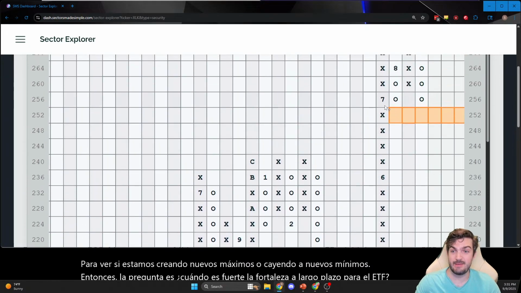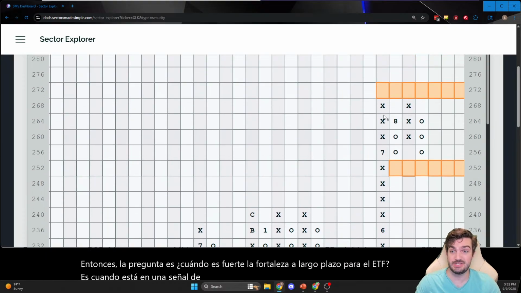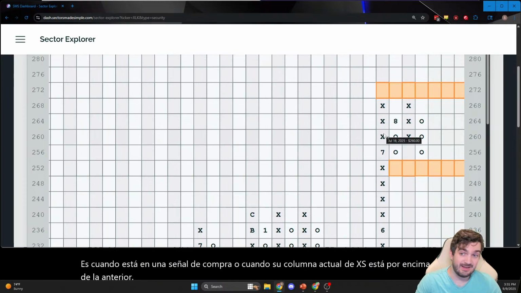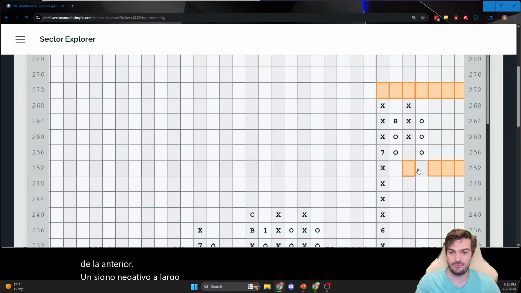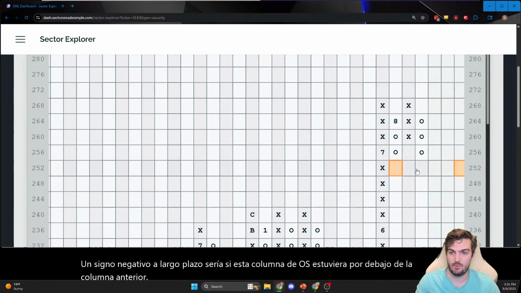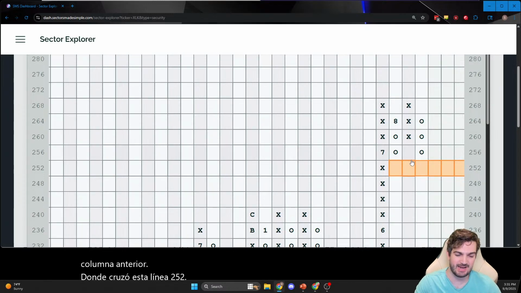It's when it's in a buy signal, or when its current column of X's is above the previous. A negative sign for long-term would be if this column of O's went below the previous column, or it crossed this 252 line. That would be a negative or a sell signal.